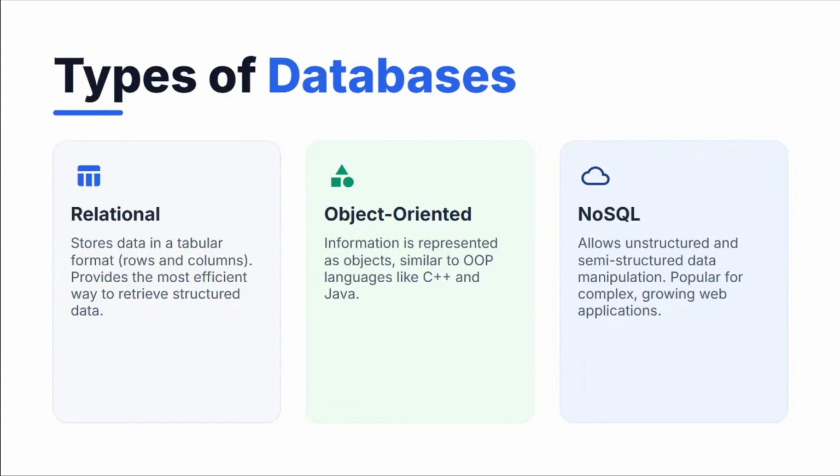Data is represented in various formats such as graphs, JSON, and various other formats. There is no particular requirement that the data has to be stored in such and such a manner. Therefore, it became very popular as web applications started growing and becoming more complex.